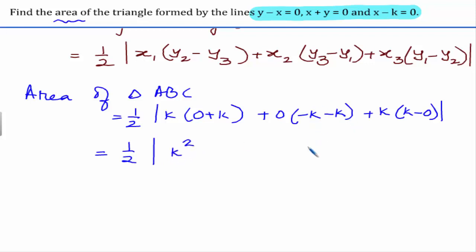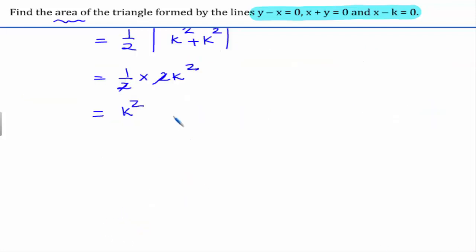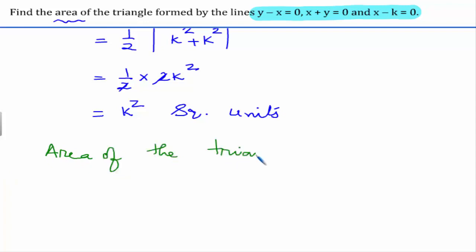This whole thing is 0, and this is k into k is k square, which is half into 2k square. This is k square square units. So area of the triangle is k square square units.